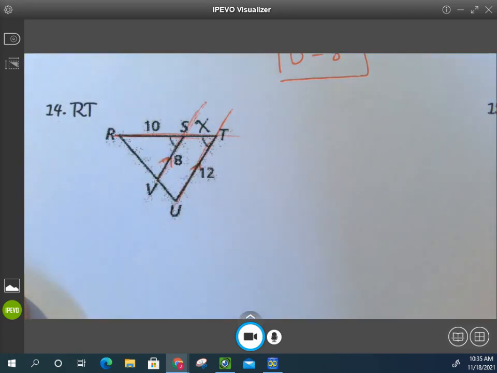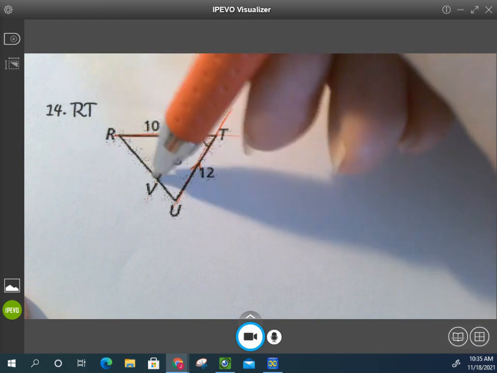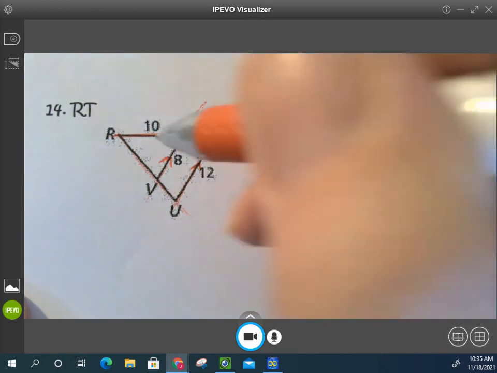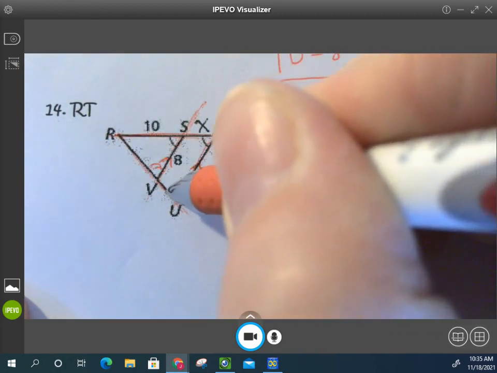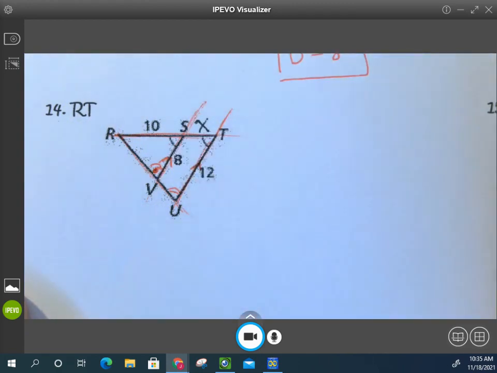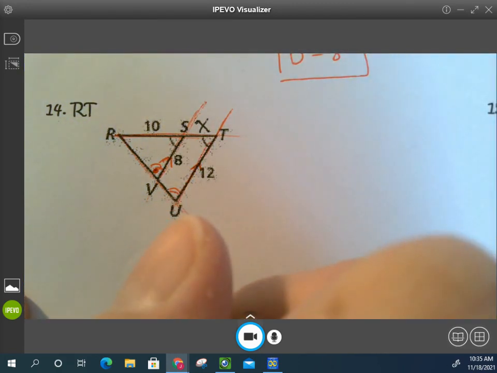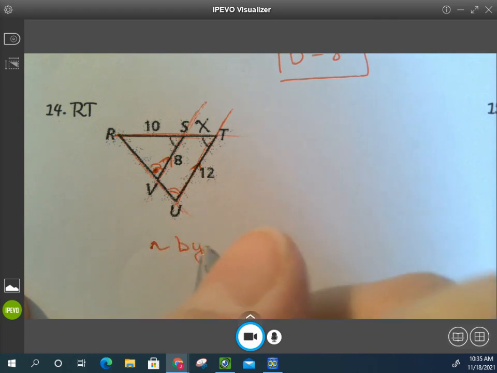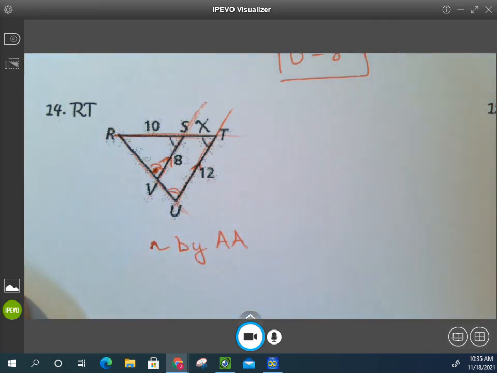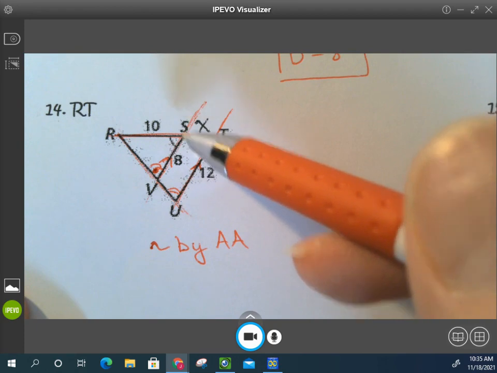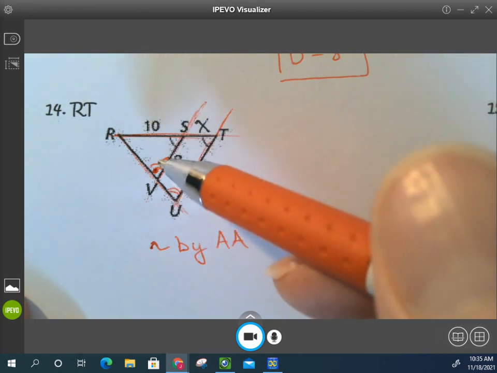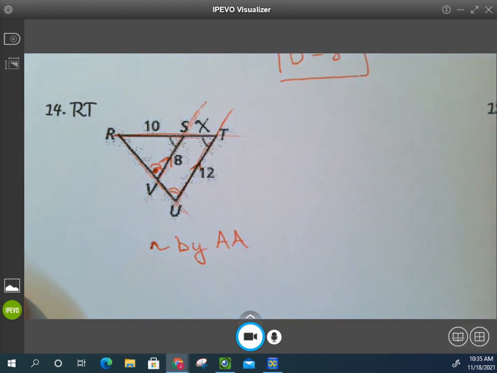So if I have parallel lines, and you think about this being a transversal, these two angles are congruent also. So I can prove they're similar by angle, angle. But I had to know that little trick of corresponding angles telling me they're parallel, and then knowing that these are also corresponding. Okay, so I can't use the sides.